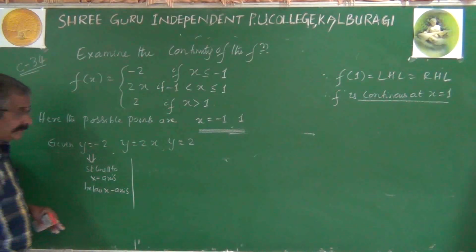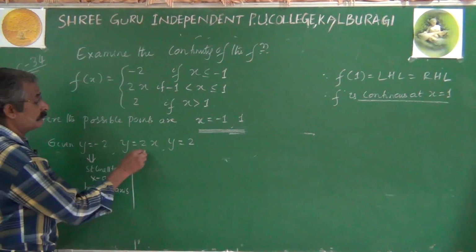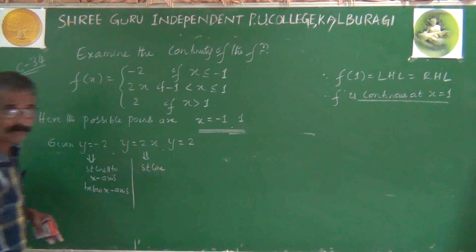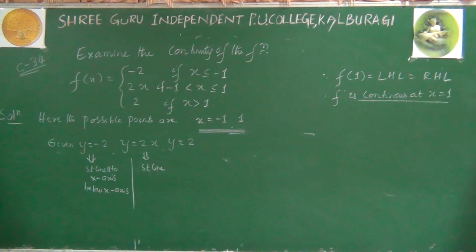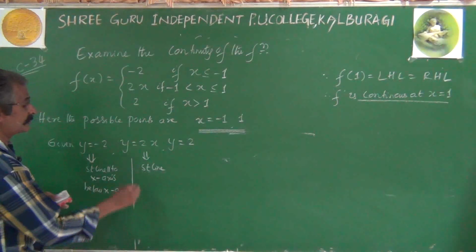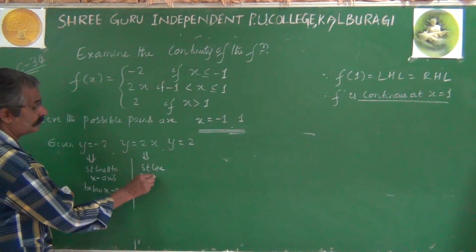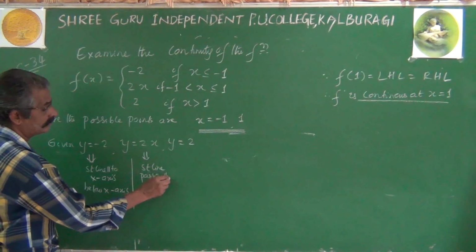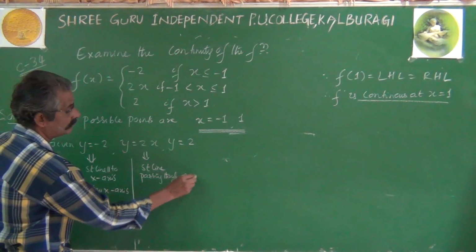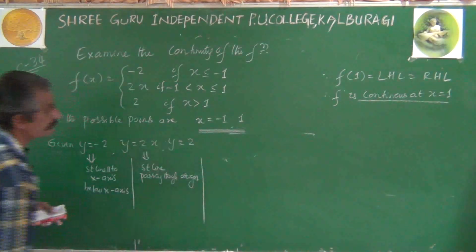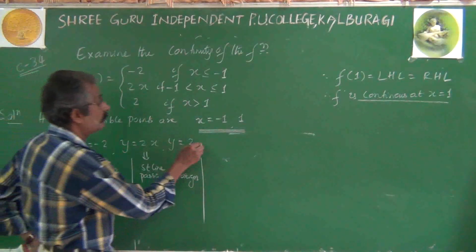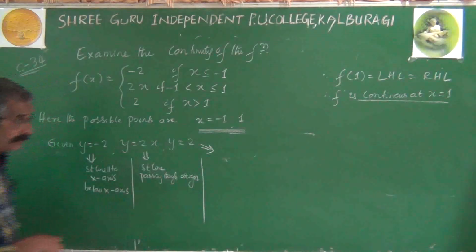Next, coming to the next straight line, y equal to 2x. It is a straight line in the form y equal to mx. A straight line y equal to mx always passes through the origin. So it is a straight line passing through the origin. Third one, y equal to 2.